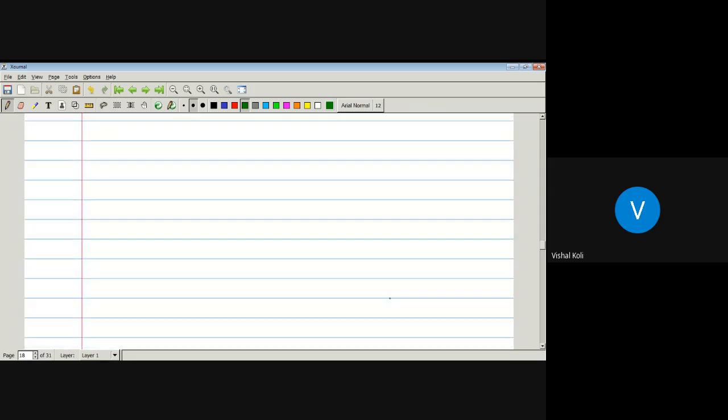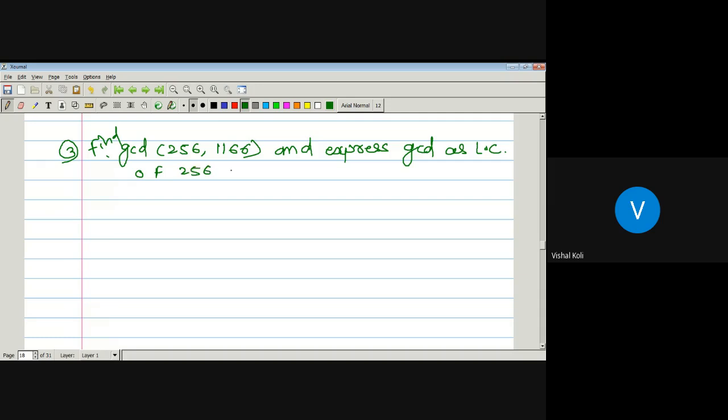Okay. Now let's take another example. Third one: find the GCD of 256 and 1166, and express the GCD as a linear combination of 256 and 1166.